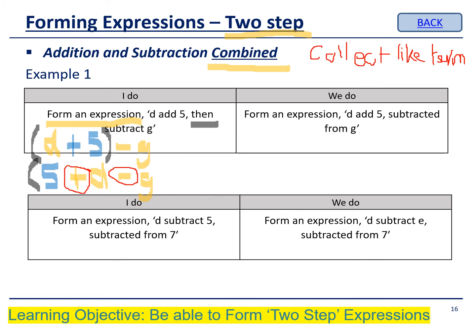So the operator in front of the term on the left stays with it, okay? So what you have there in the end, as we've just said, is 5 plus D subtract G. And that would simply be that expression. So what we need to do now is pause the video and have a go at the we do.